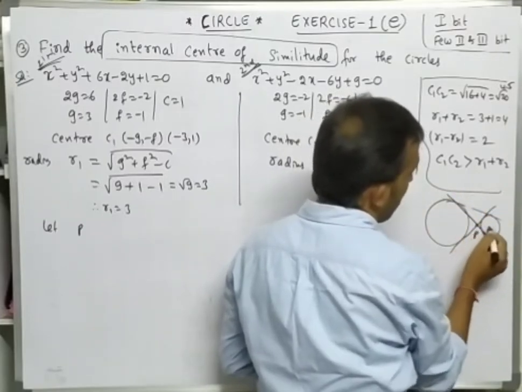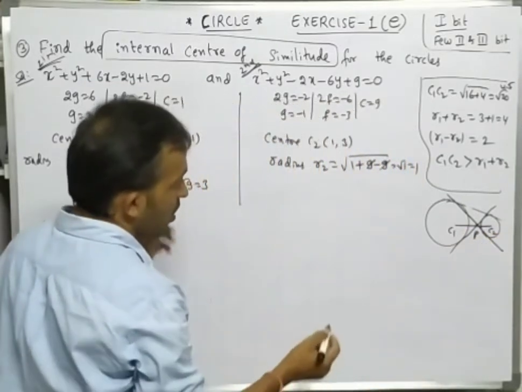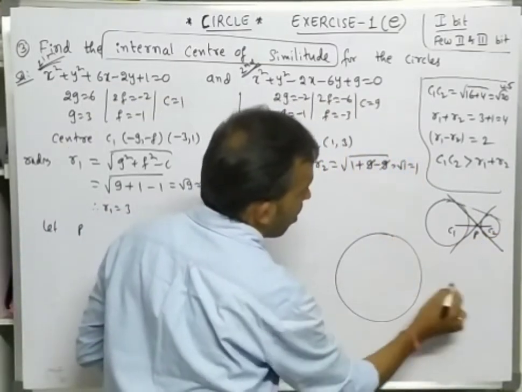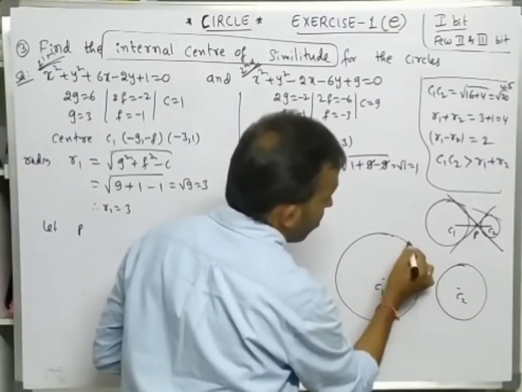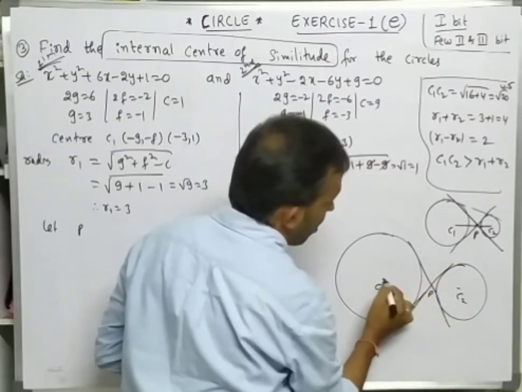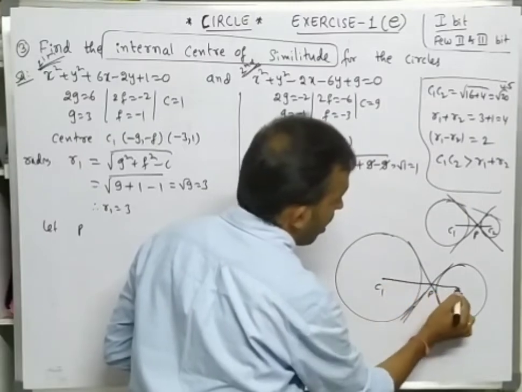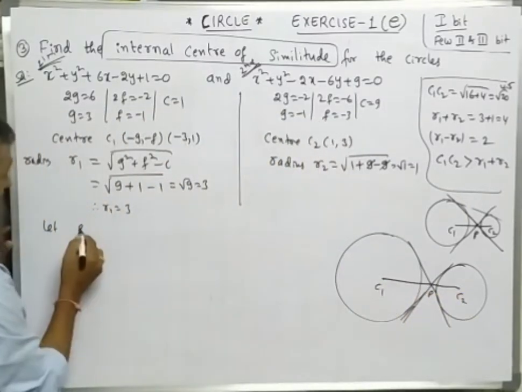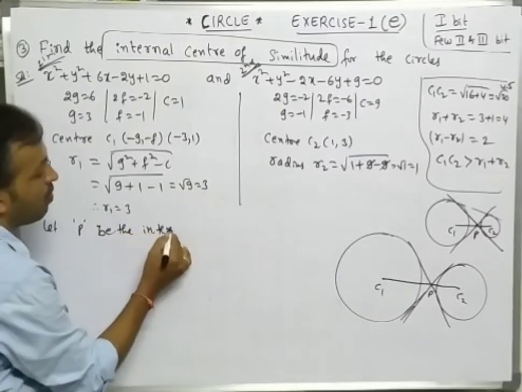So this P, between C1 and C2, this P is the point of intersection of transverse common tangents, and here let P be the internal center of similitude.